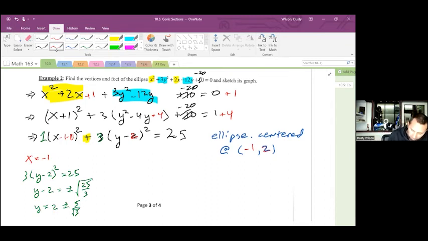And then if we let y equal 2, then again, the second set of parentheses, the y minus 2 quantity squared, would become 0. And so we would just be left with that first bit. And so we are left with just x plus 1 squared equals 25, or x plus 1 equals plus or minus the square root of 25, or plus or minus 5, or x equals -1 plus or minus 5.